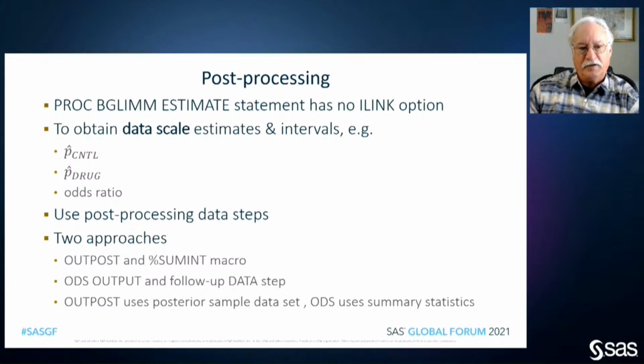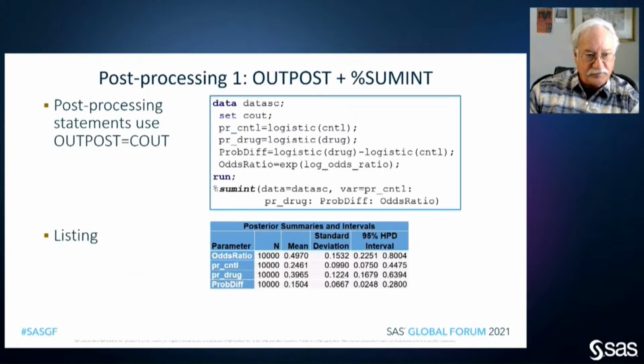One is to use the information from this outpost option, and there's something called the SUMINT macro that you can use. On the other hand, you could use the ODS output and then do a follow-up data step. Outpost uses a posterior sample data set. ODS simply uses the summary statistics. So let's look at each one of these individually.